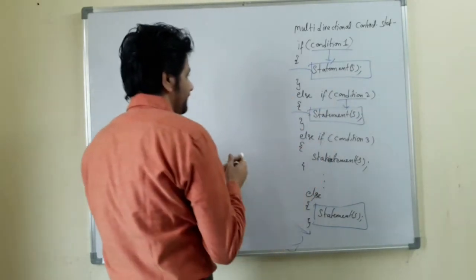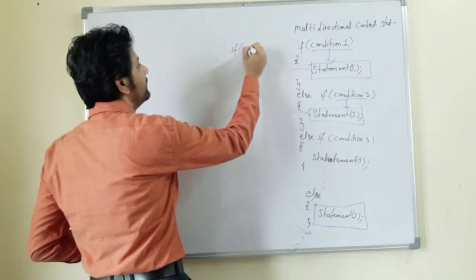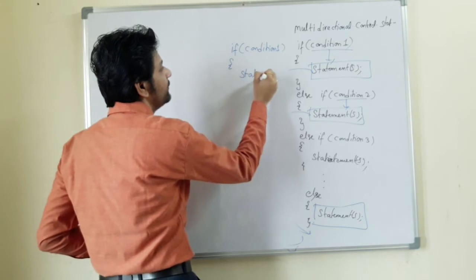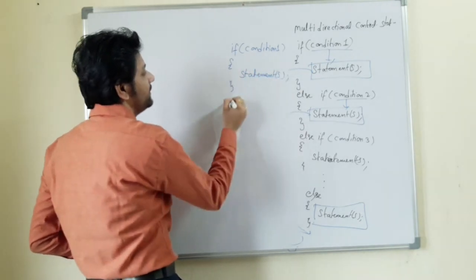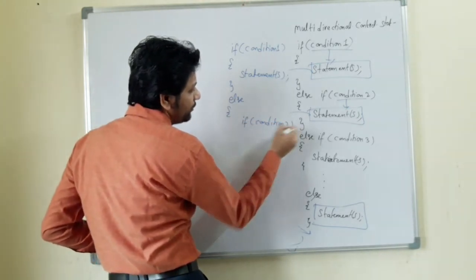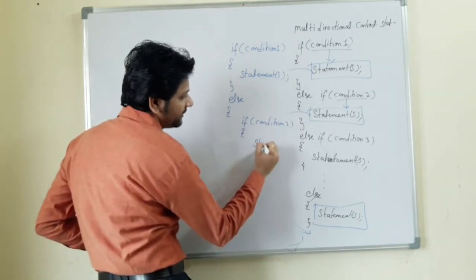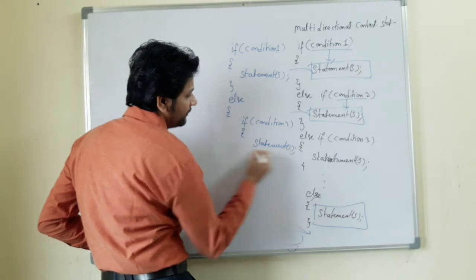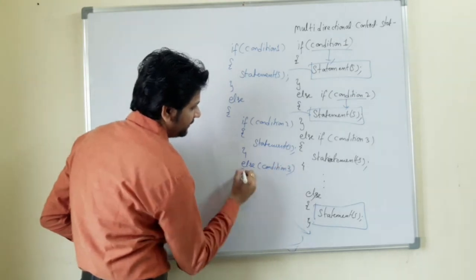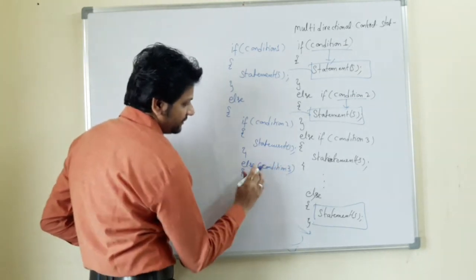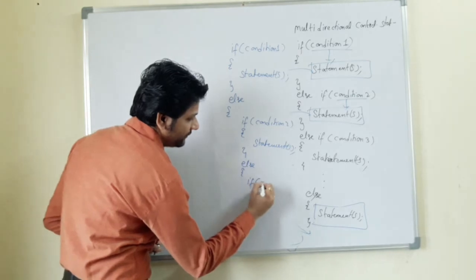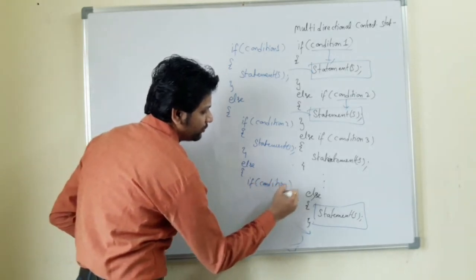Here I am writing if condition 1, set of statements, else if condition 2, once again set of statements, once again else if condition 3, like this it will go to n number of conditions.